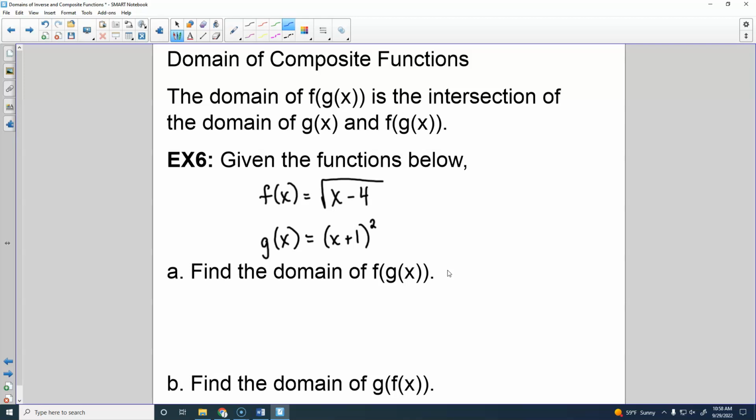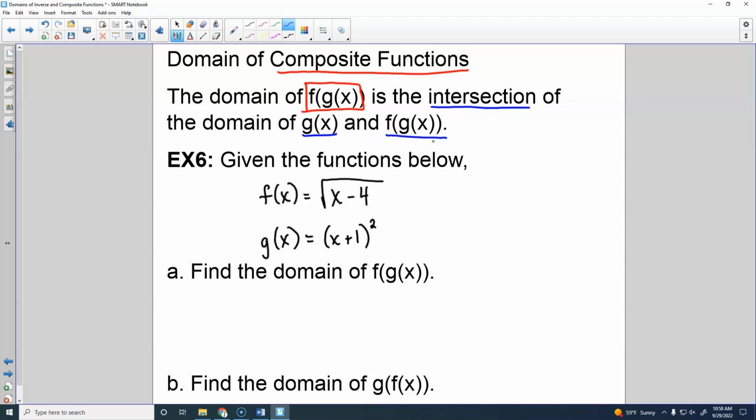a composite function, when you see that phrase, composite function, that means something like f of g of x. You're putting a function inside of a function, right? So the domain of f of g of x is the intersection of the domain of g of x and f of g of x.